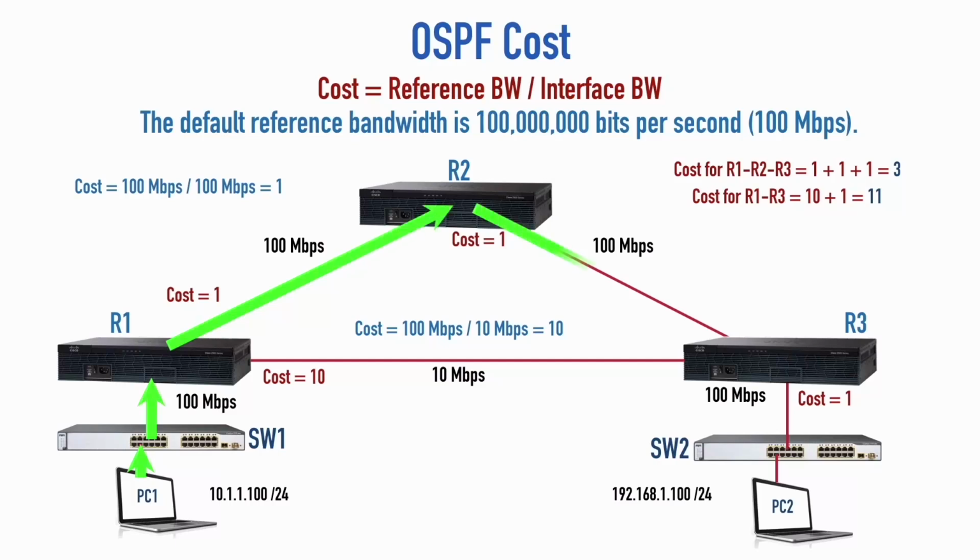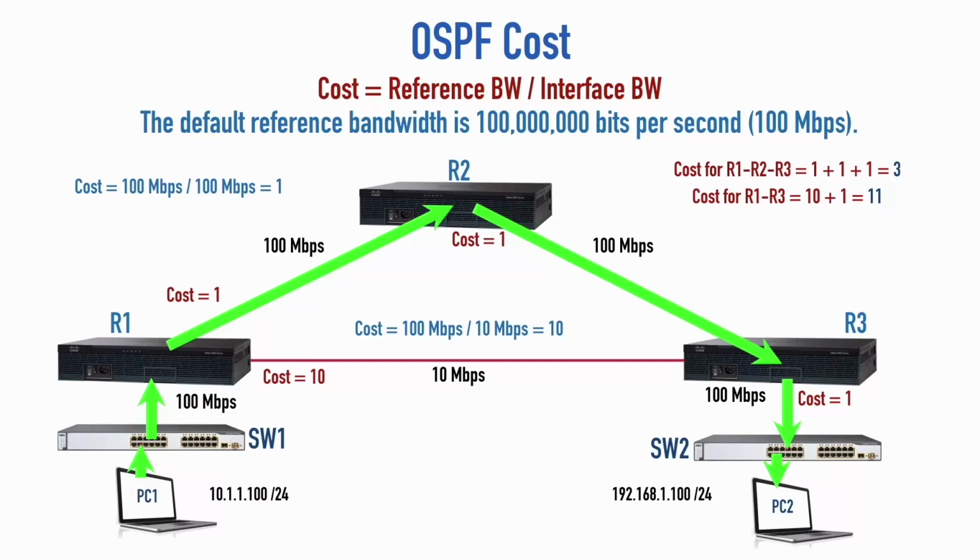Here's a word of caution though. Notice I said that the default reference bandwidth was 100 megabits per second. What if we had a gig link, which is very common, or a 10 gig link? If we had a gig link and we had 100 meg divided by 1000 meg, a gig, what would the cost be? Well, it would seem to be a decimal of 0.1.